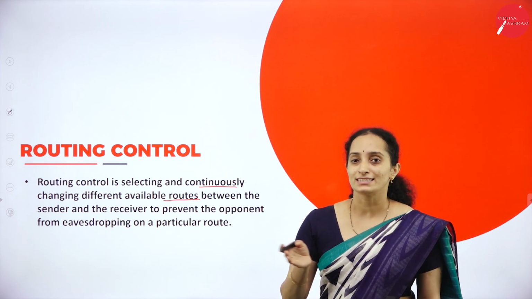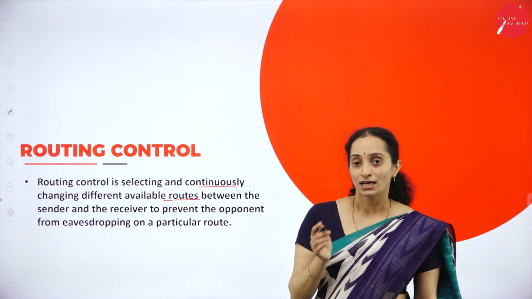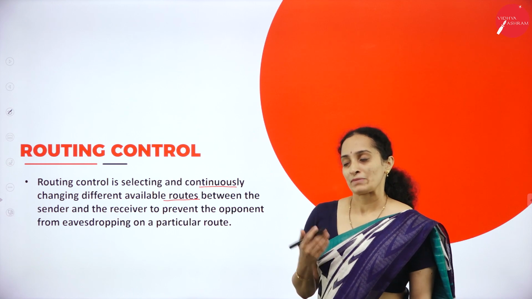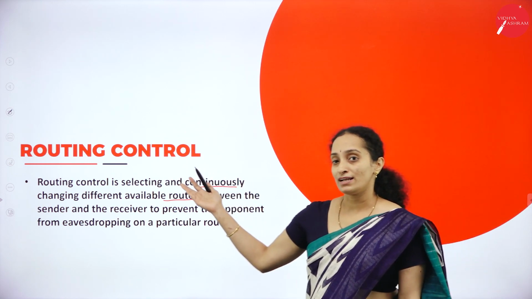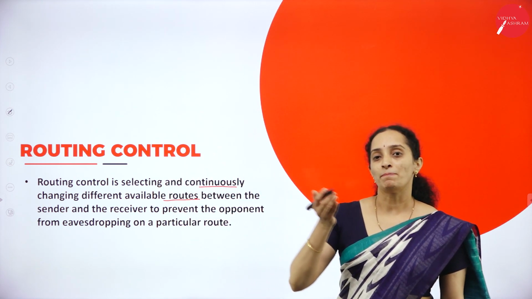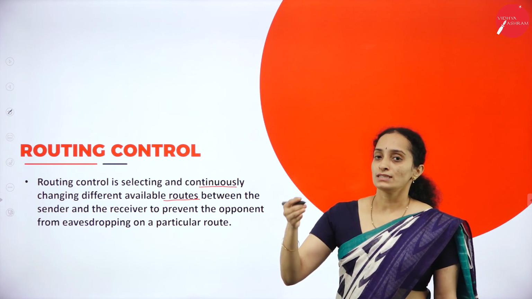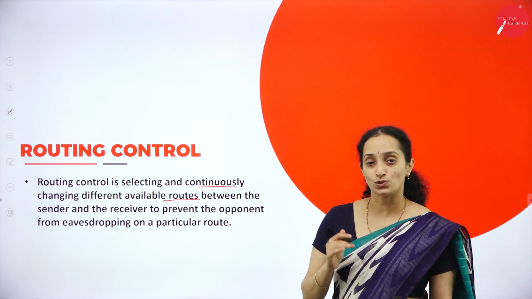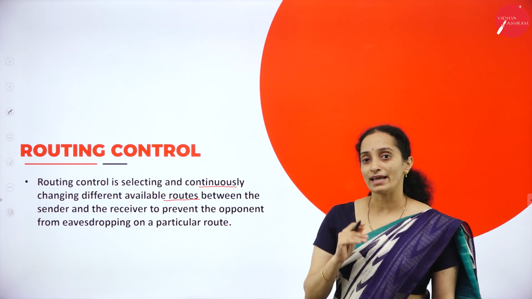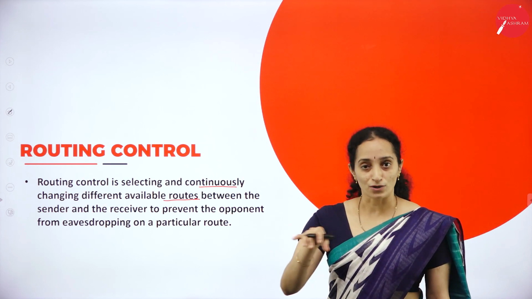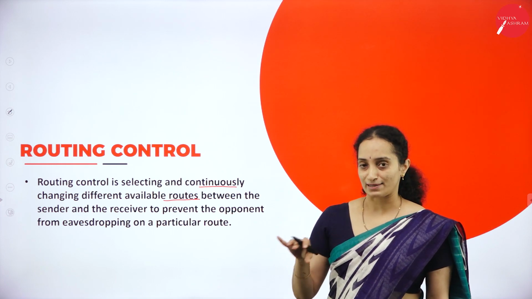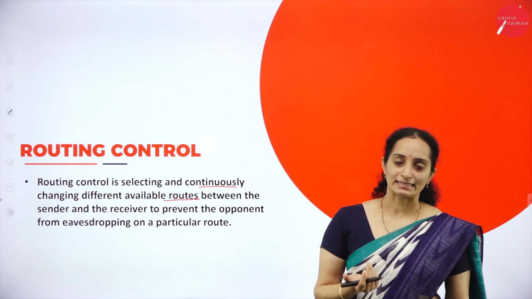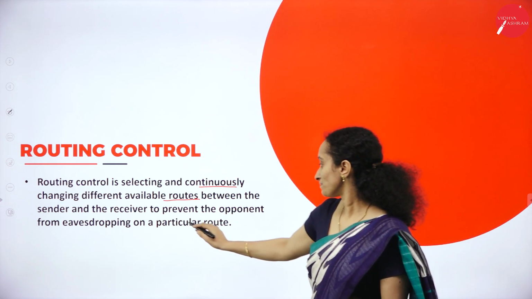He'll go on changing the routes so that the person who is following him gets confused. Is it not? In the same way, in routing control, the data packets go in different routes for every communication so that the attacker will not be able to predict the route of the data communication, and he'll not be able to access the data.